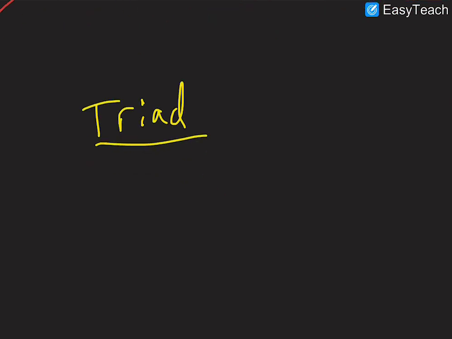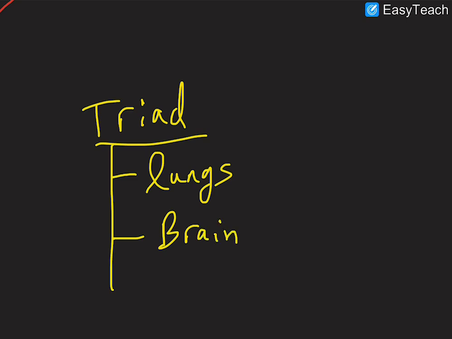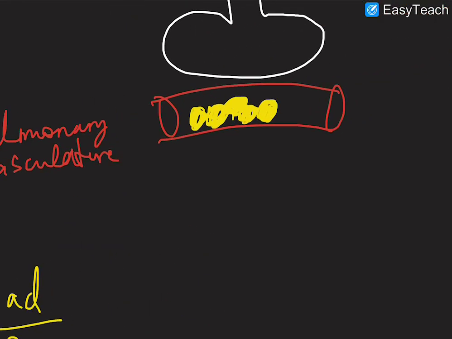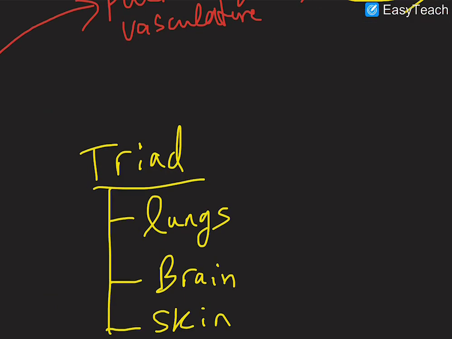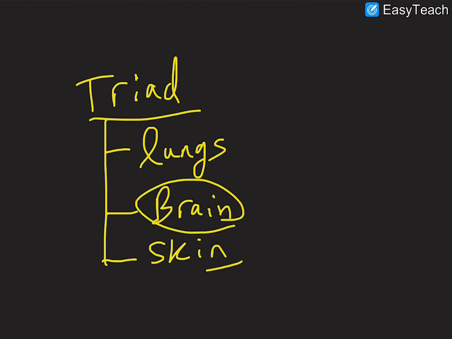For fat embolism syndrome, it can affect your lungs, your brain, and skin. So we talked about how these fat globules can form in your pulmonary vasculature, blocking blood flow in the blood vessels that are part of your respiratory system. But then how do we affect the brain and skin?